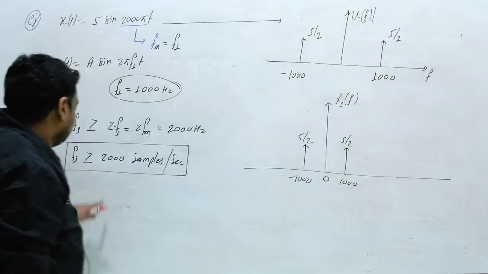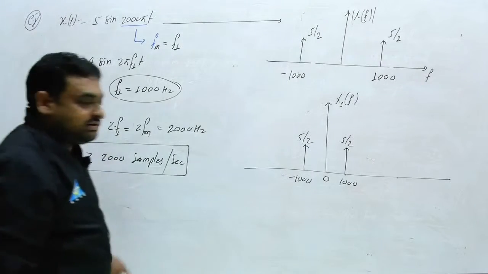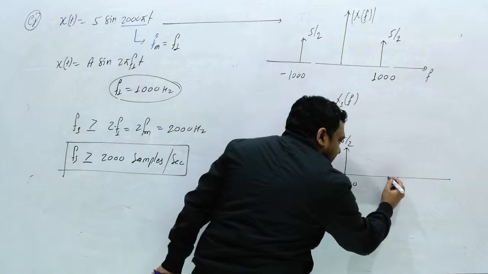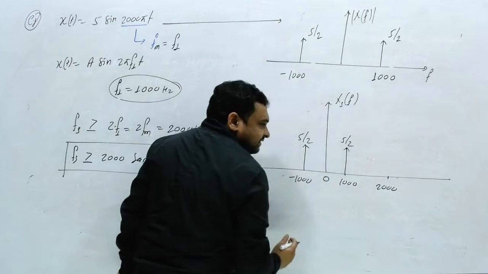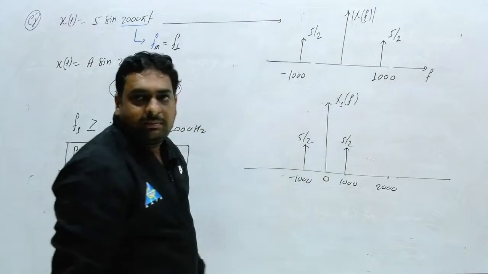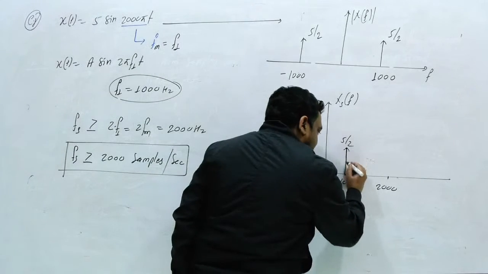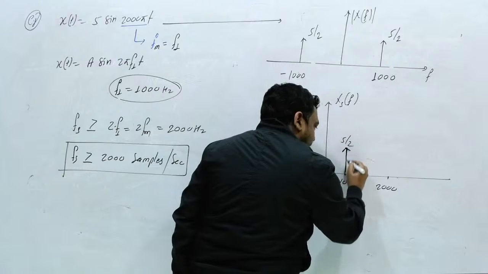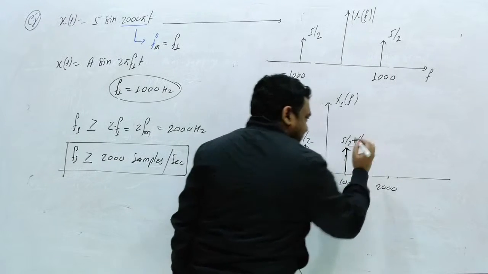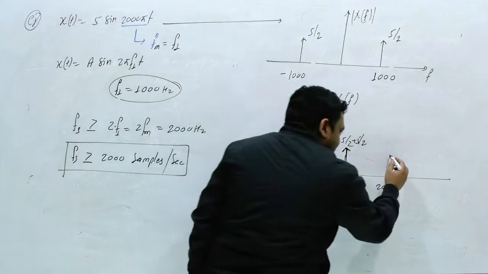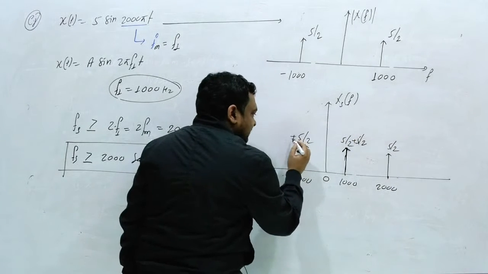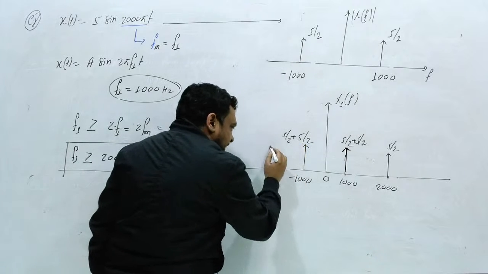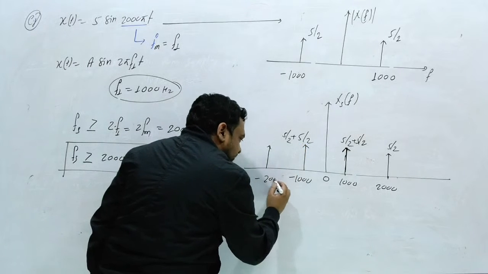How much right? 2000, if you are considering this. So you will get this 0 at the 2000 point. This will be 2000 plus 1000, 3000, and this will be 2000 minus 1000. So again at 1000 you will get one more, so here this will be 5 by 2 plus 5 by 2, and at 2000 you will get 5 by 2 only. Again here this will be 5 by 2 plus 5 by 2, and here you will get it at minus 2000.